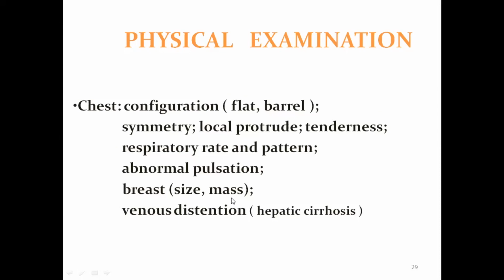Okay, it's not that mass. It means some kind of tumors or extra masses appearing on the breast. So you have to check and record. And then venous distension for hepatic cirrhosis. I'll not talk on this right now.